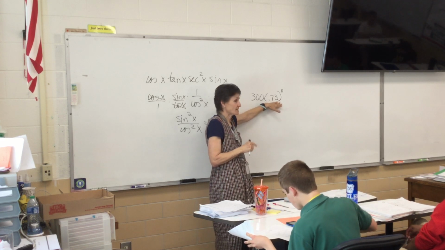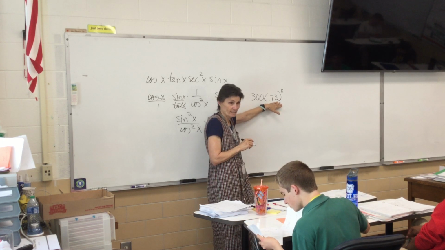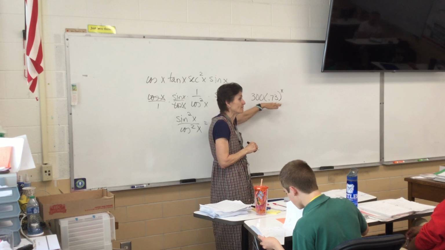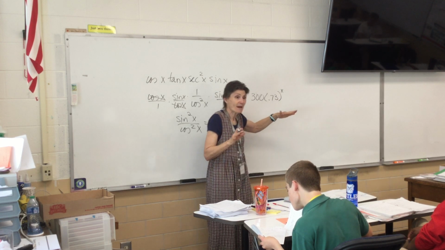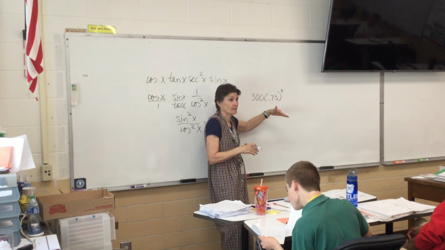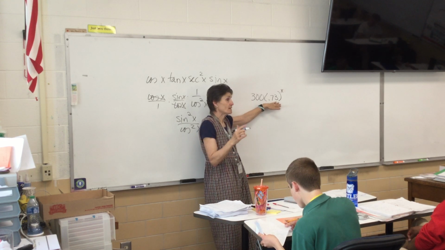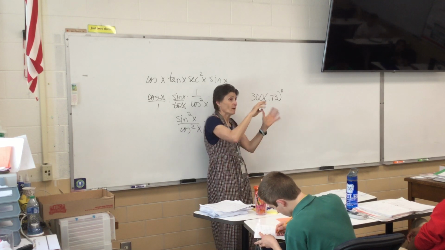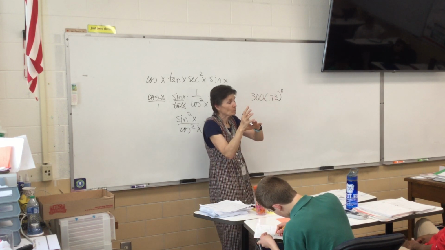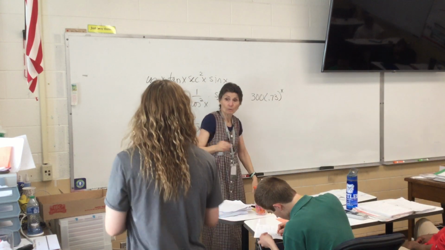So how much is this less than 1? 27. So this is a 27% decay. Notice, I'm not doing any math here. I'm just going to know what's going on. Whatever this amount is less than 1 is the percent of decay. Whatever the amount is greater than 1 would be the percent of growth.